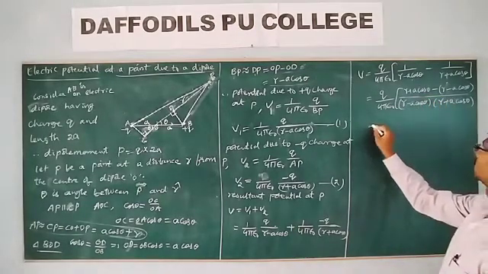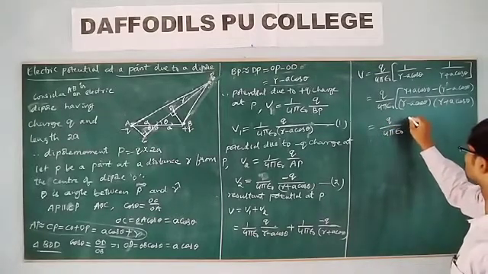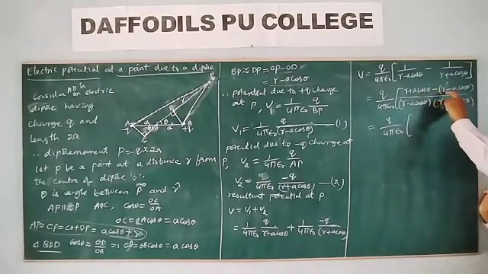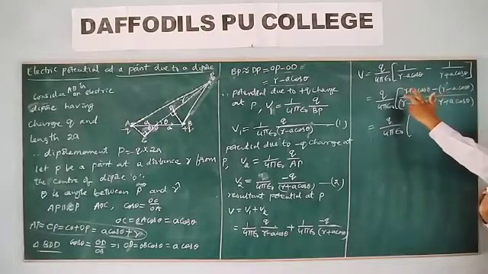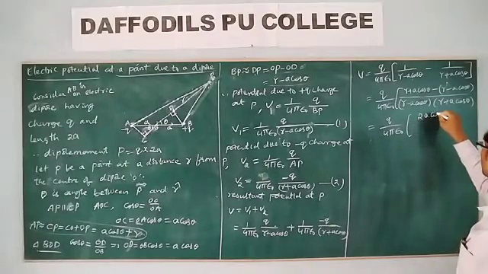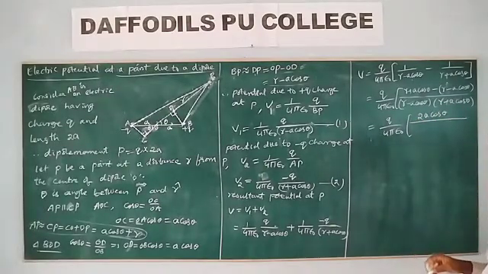Now that is equal to Q by 4 pi epsilon naught into R plus a cos theta minus R plus a cos theta. Now R minus R cancelled, then a cos theta plus a cos theta, we get 2a cos theta, by a plus b into a minus b.